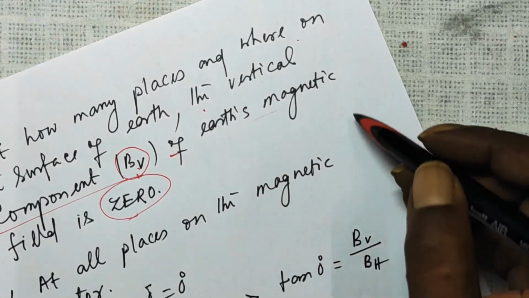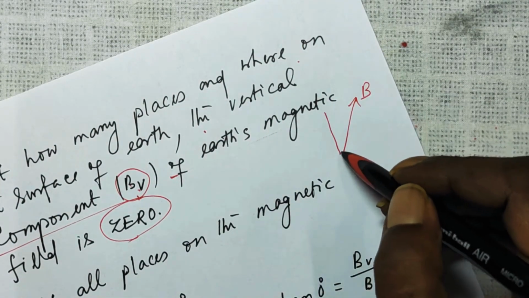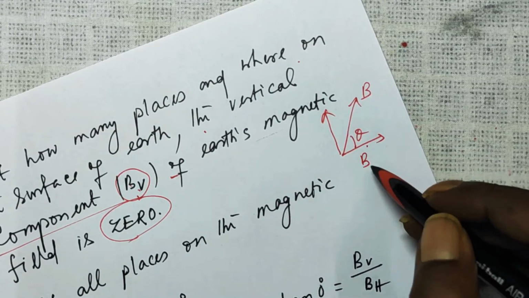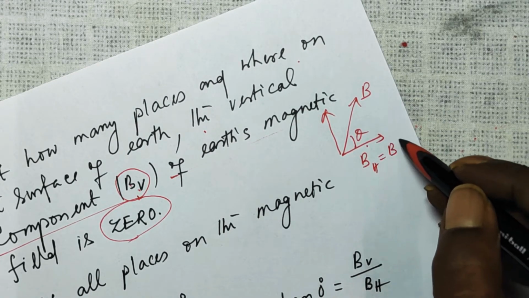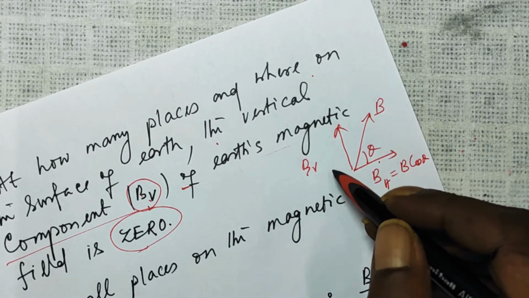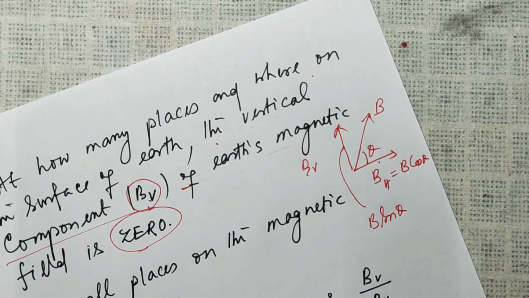Now look, if a vector is like this and this angle is theta, then this will be your BH, which is equal to B cos theta, and this will be your B vertical, and how much will this be? B sin theta.